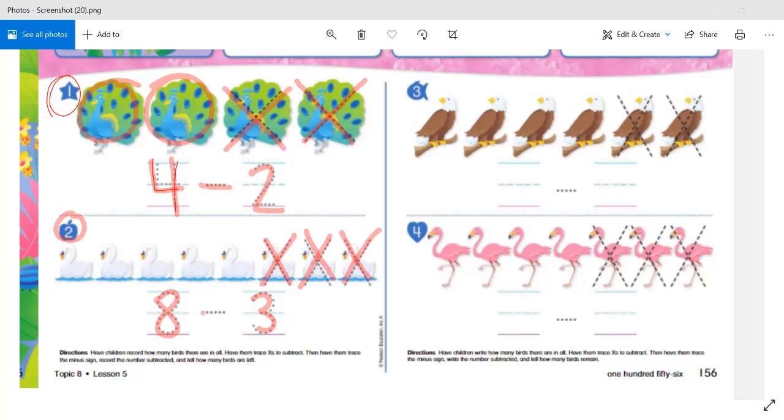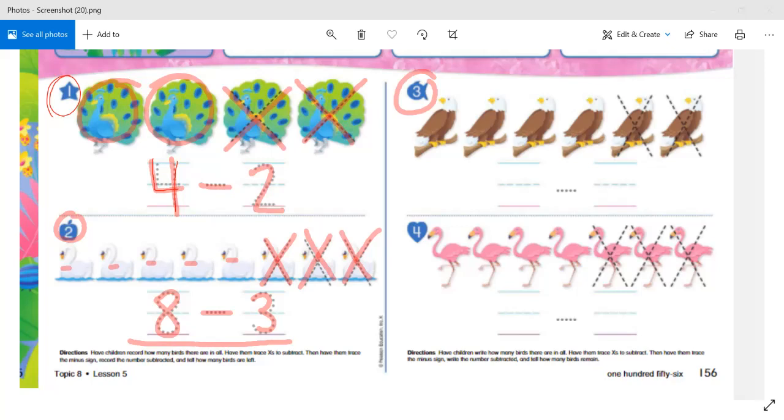So we are going to subtract. We're using the minus sign. If we have 8 swans and 3 go away, how many do we have left? 1, 2, 3, 4, 5. So 8 minus 3 is 5.